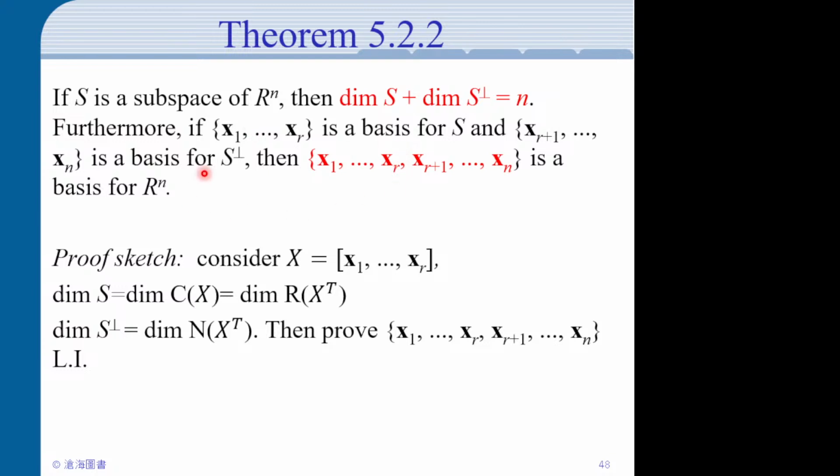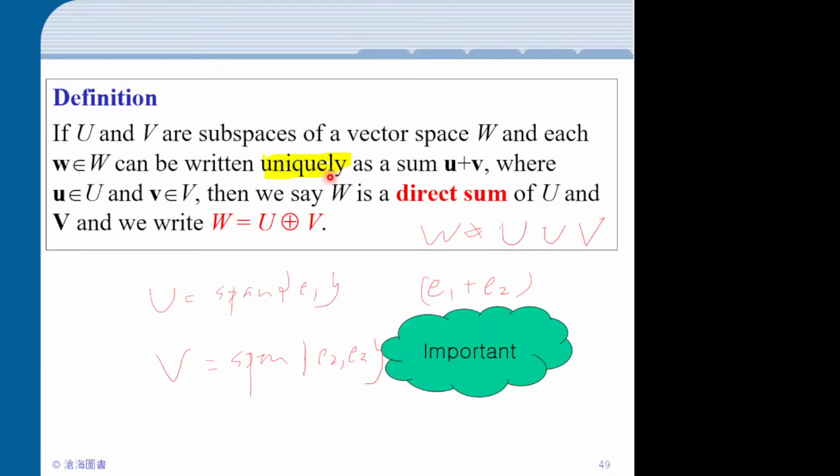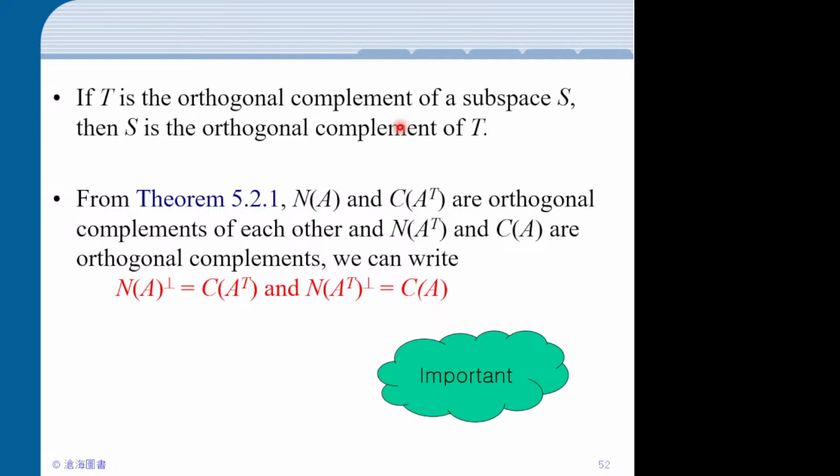So the dimensions add up to the whole Rn, and then everything inside Rn can be written as something in S and something in S complement, uniquely, and also the complement of S complement is back to S. I keep saying dual, actually complement. Okay. And yeah, this is the thing we just said.